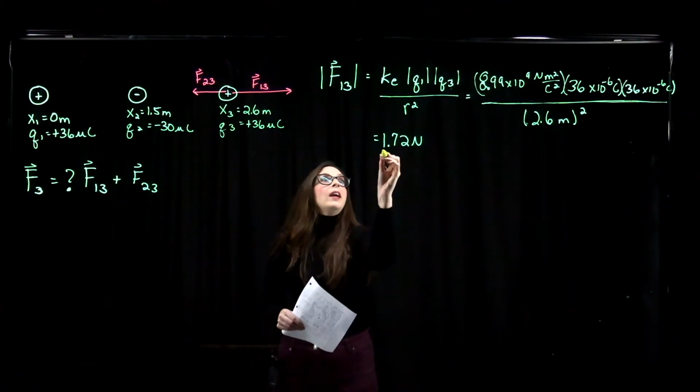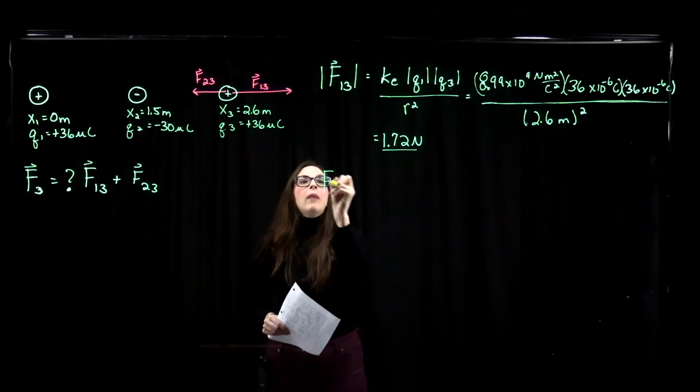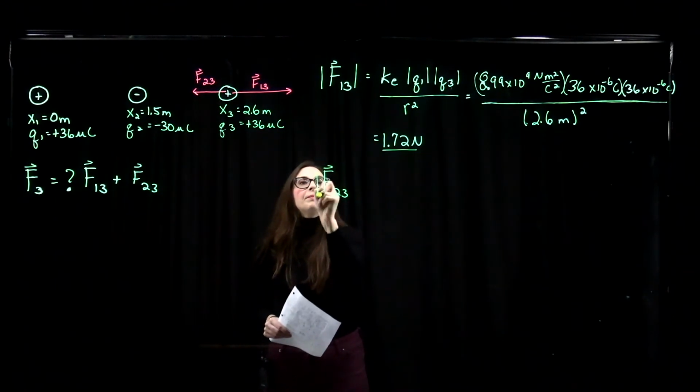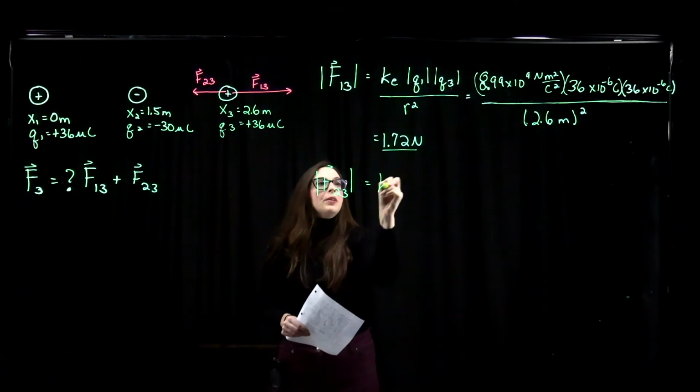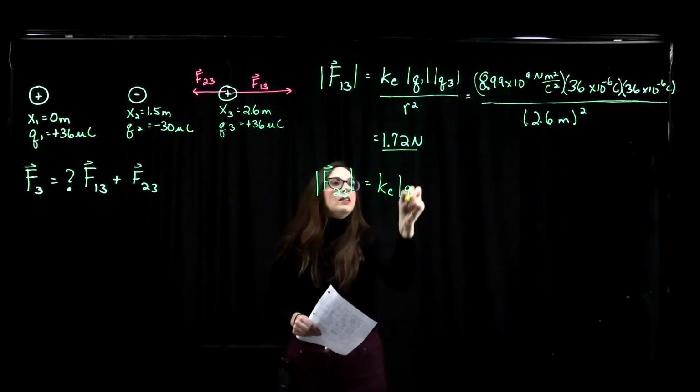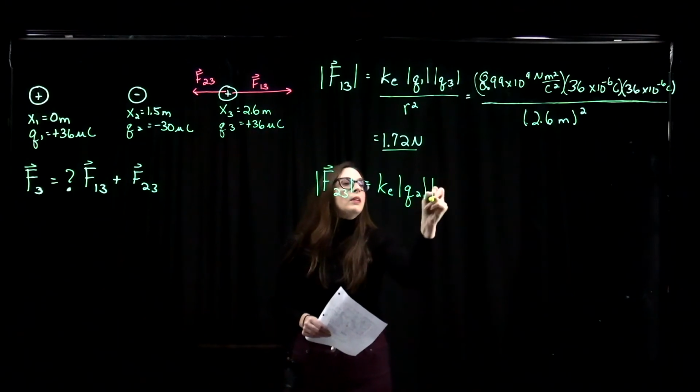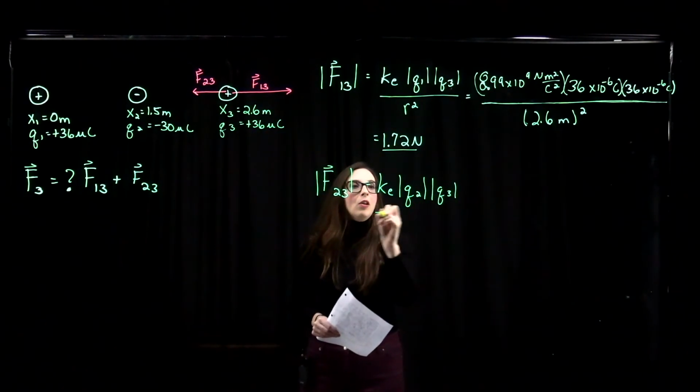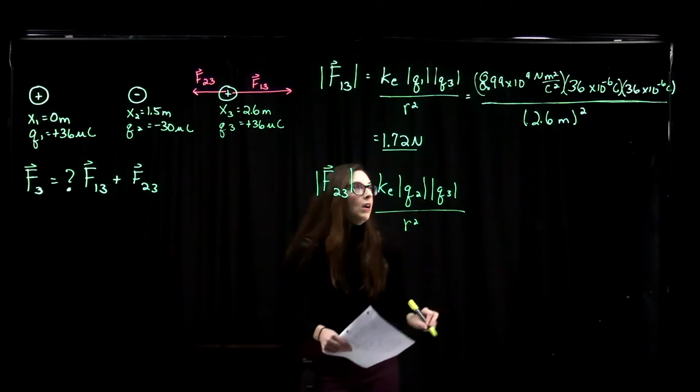Now we'll do the same thing for the magnitude of F23. Okay, so F23 is going to be our Coulomb constant times Q2 times Q3 all over the distance between them squared.